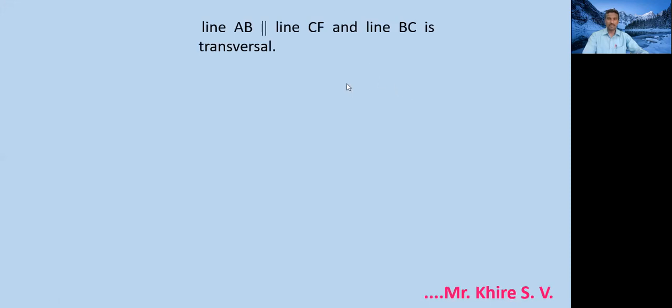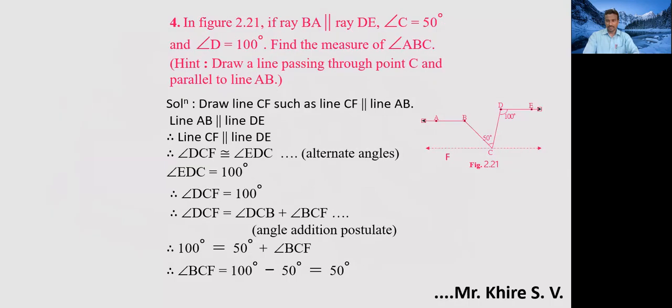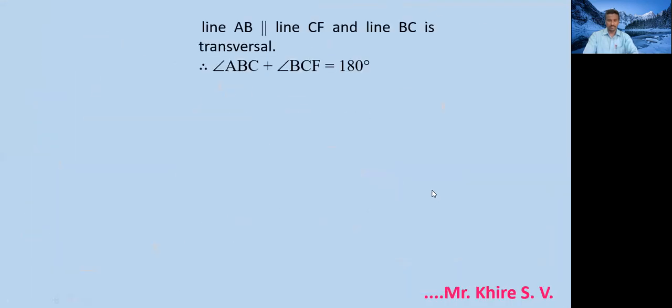Now, line AB is parallel to line CF and line BC is the transversal. Then we can write angle ABC plus angle BCF is equal to 180 degree, as shown in the figure. ABC plus BCF are interior angles. ABC plus BCF is equal to 180 degree.